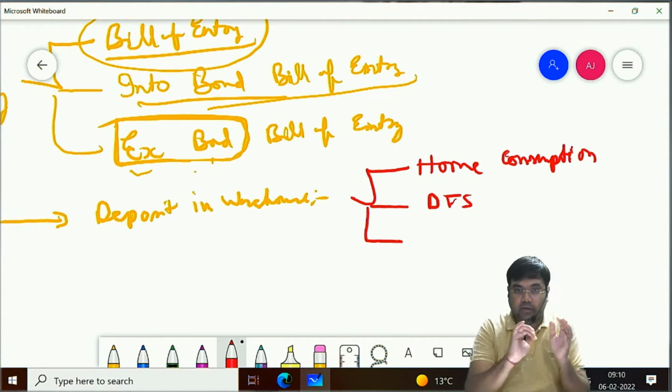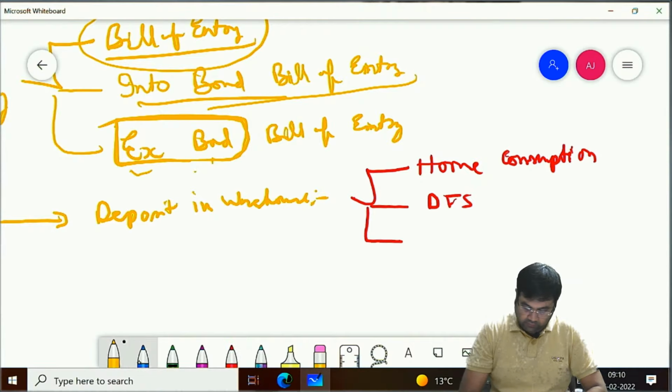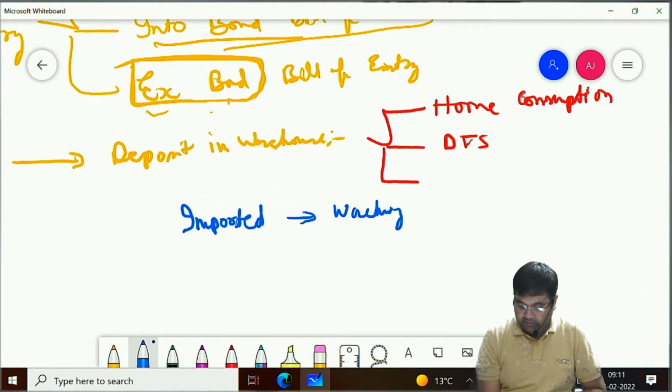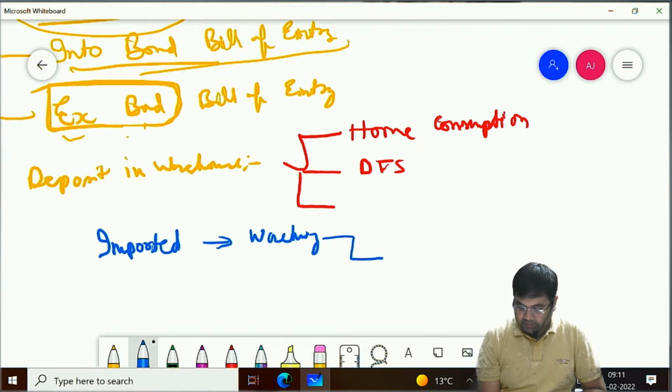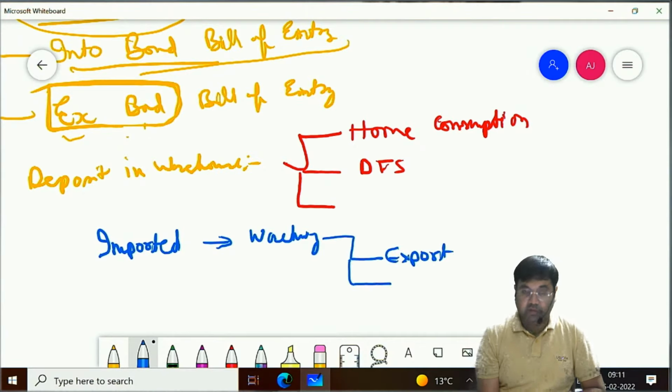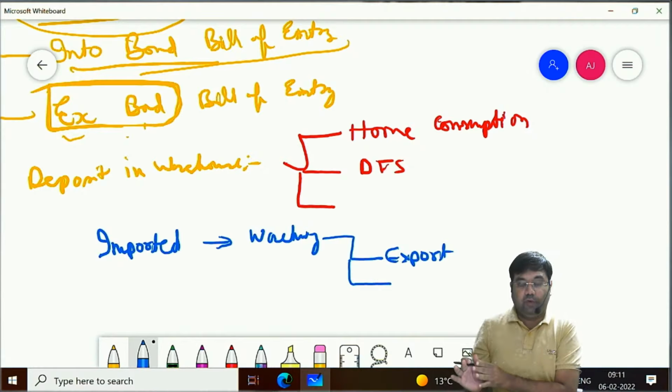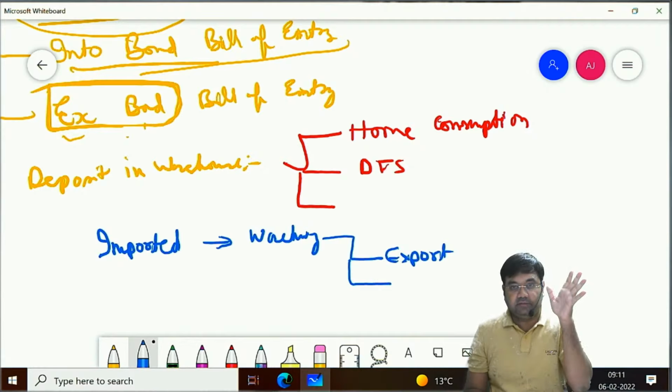So he imported, he went for warehousing. And from warehousing, he can directly export. Let's say he's a trader, so imported from China and exported to US. When he opts for warehousing, he is not going to pay the taxes and duties.